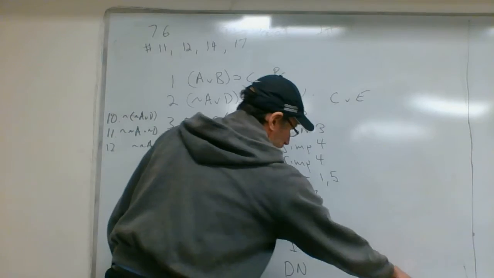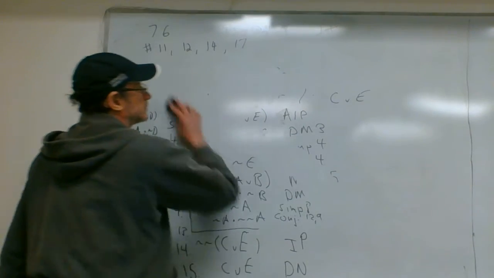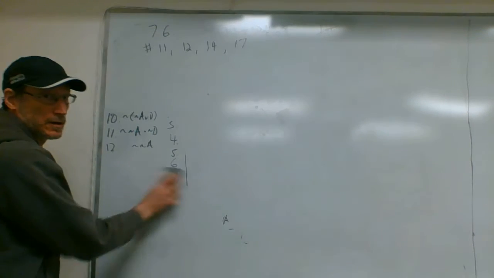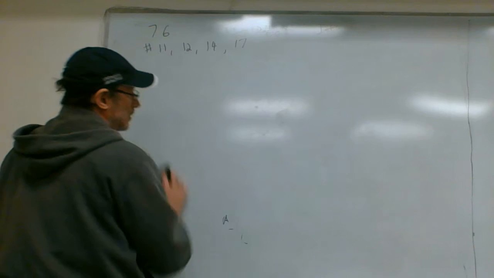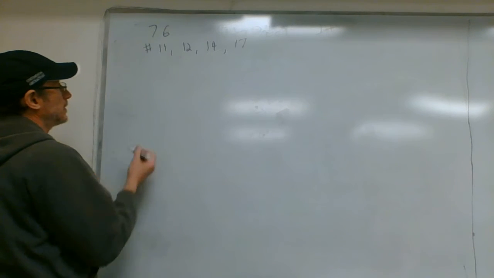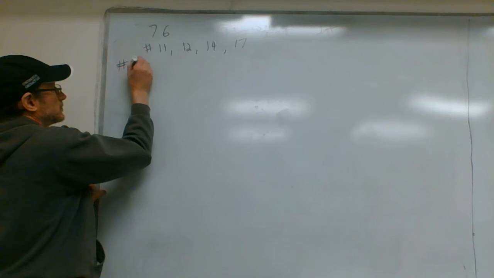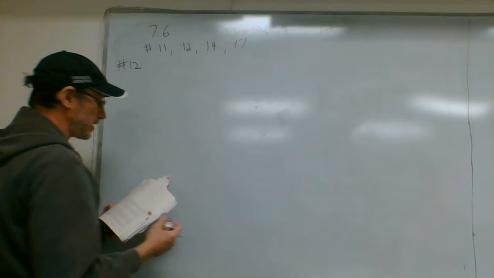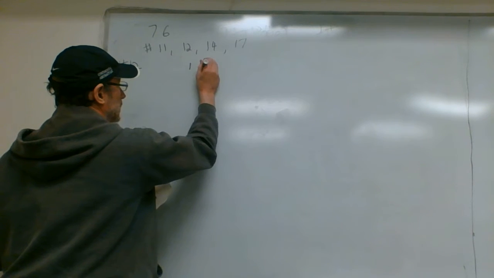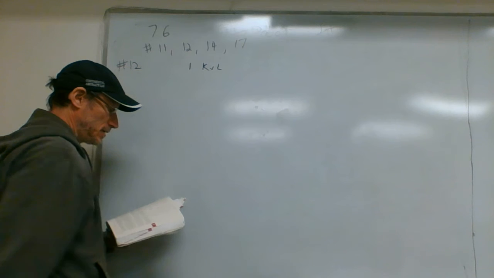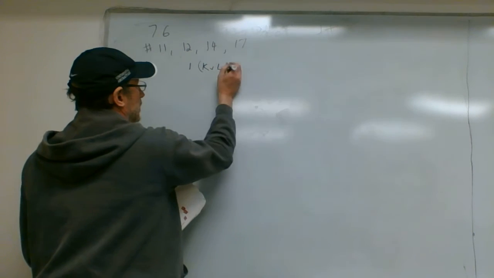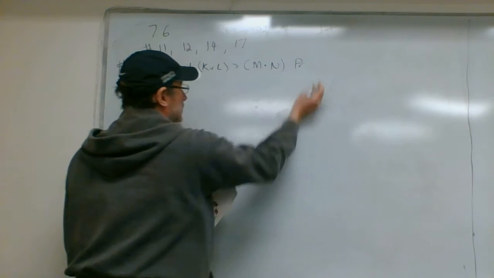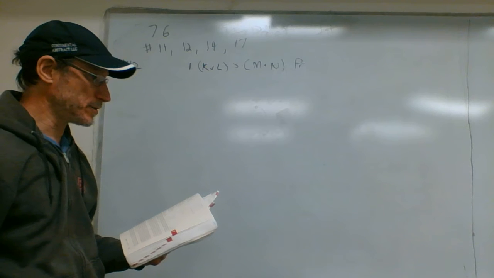Let's try another one. Let's try 12. We're going to do number 12 on the board now. Number 12 has two premises, K wedge L horseshoe M and N, premise, and try to write a little smaller to get this all on the board.